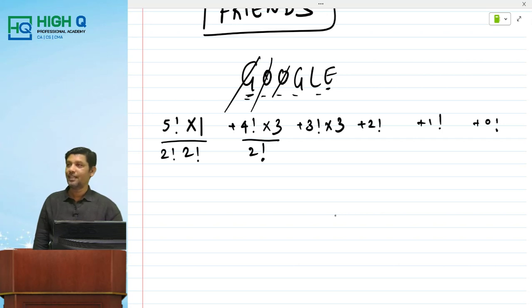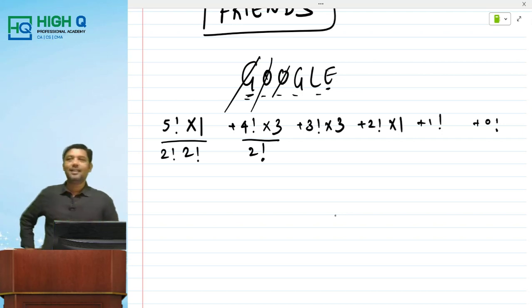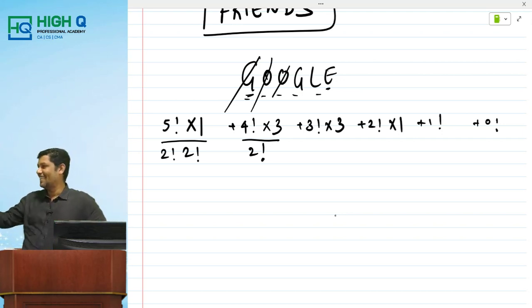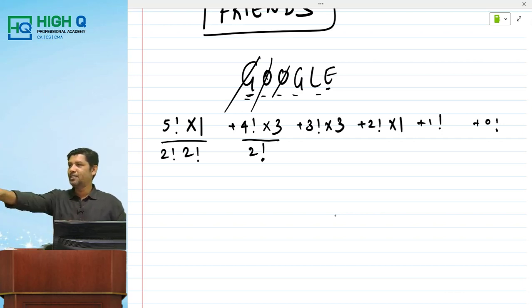Gone. Now G again. Right hand side of G. Any repetition? No. E is there. 1. Any repetition? Oh, I asked repetition. Sorry, my dear. I asked for less than G. Any letter which is less than G? No letter. Sorry, 1. E. Any repetition? So leave it. G is gone.